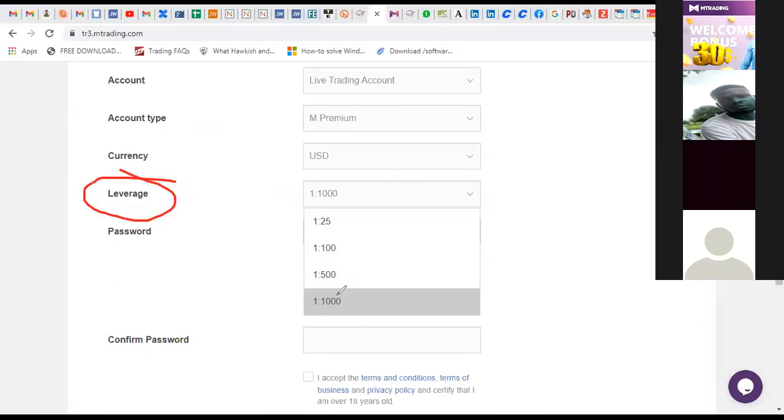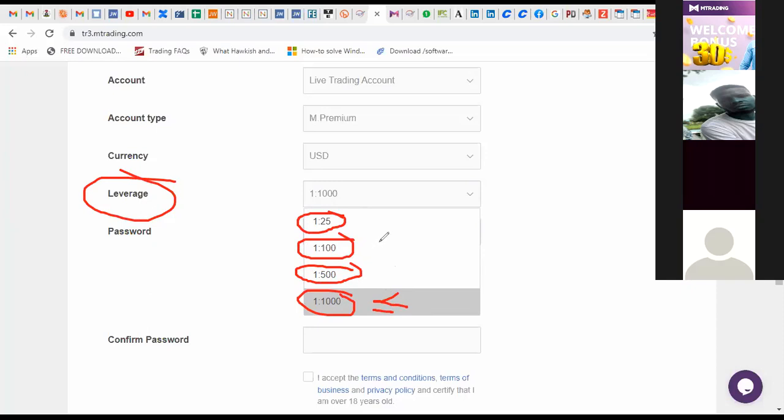So here you have 1 to 1,000, 1 to 500, 1 to 100, 1 to 25. So if you have less than $1,000, you can do 1,000 leverage.